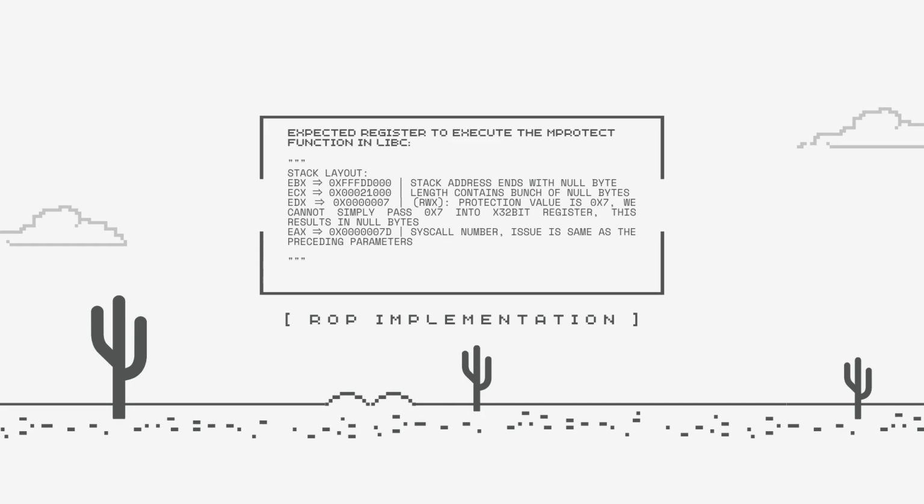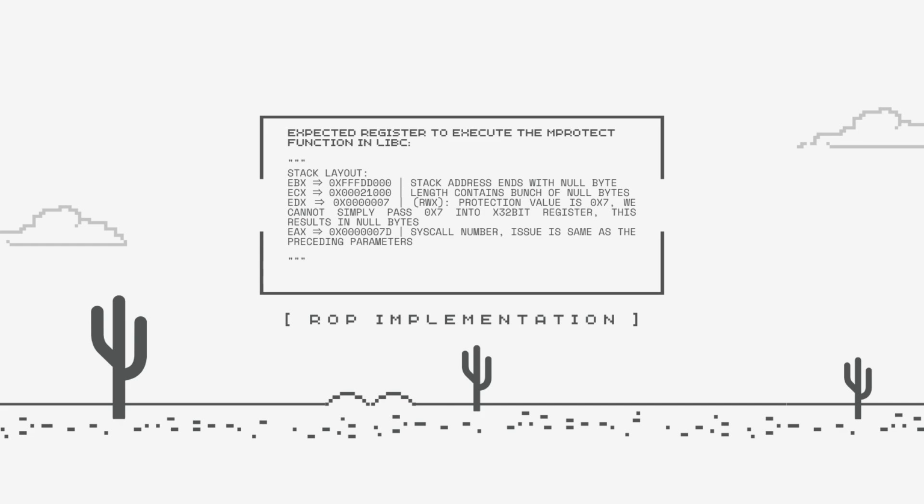EDX contains 0x00000007, which is the protection value. 7 equals RWX equals read, write, execute. EAX contains 0x0000007D, which is the syscall number for mprotect, 125 in decimal. After loading these registers, we execute int 0x80, which triggers the system call.